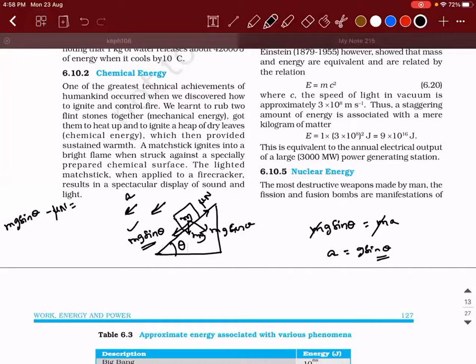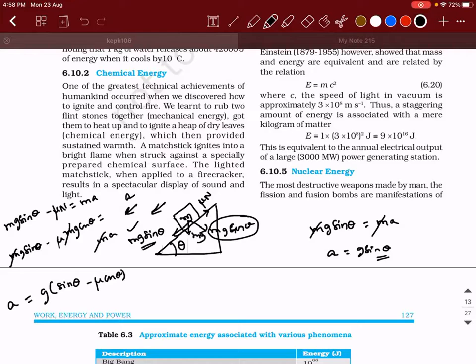Mg sin theta minus mu N will be equal to ma, according to Newton's second law. N is mg cos theta, accepted? So mg sin theta minus mu mg cos theta is equal to ma. M and m get cancelled. A will be equal to g into (sin theta minus mu cos theta). If you put mu equal to 0, for a frictionless surface, then a will be equal to g sin theta. It's like a general formula.